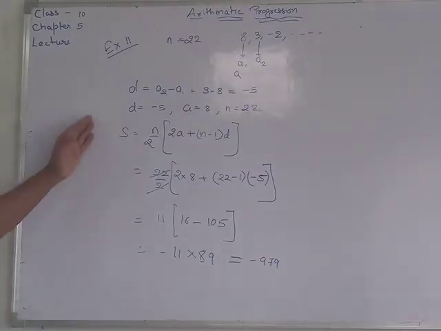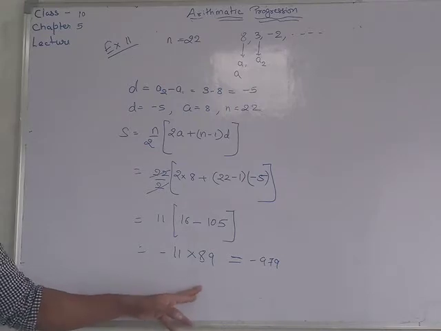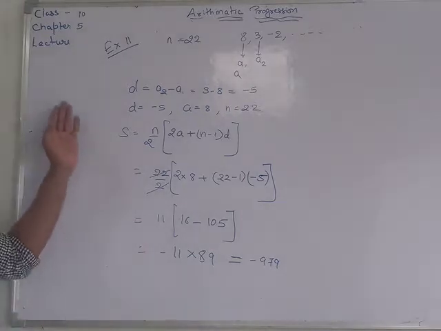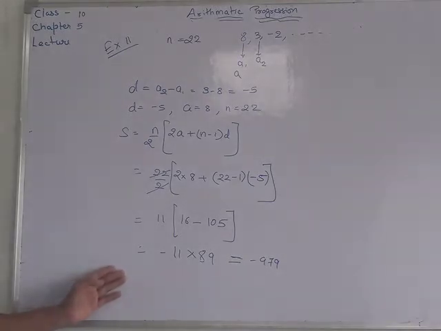So the sum of first 22 terms is minus 979. In this manner we have to solve using the formula. Now let us move to the next question.